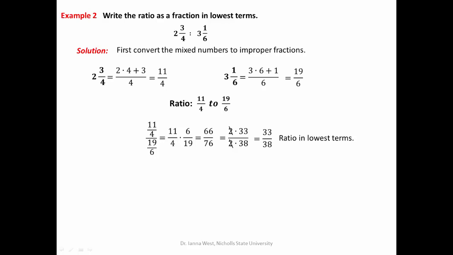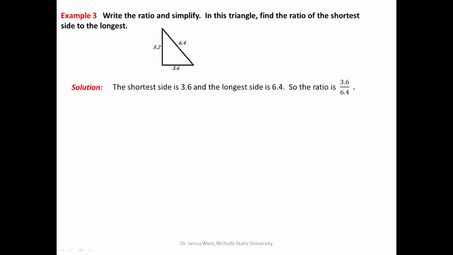In our next example, we will find the ratio of the shortest side to the longest side of a triangle. Notice that the shortest side is 3 6/10 and the longest side is 6 4/10.